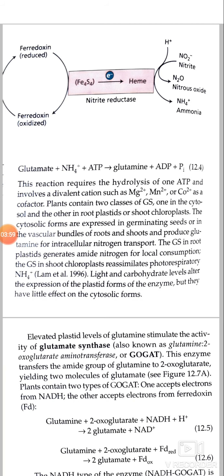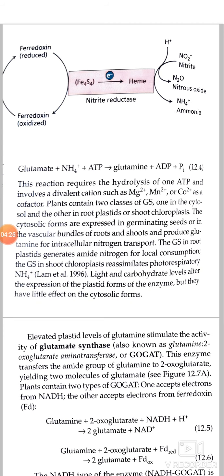Elevated plastid levels of glutamine stimulate the activity of glutamate synthase, also known as glutamine 2-oxoglutarate aminotransferase, or we can say GOGAT.